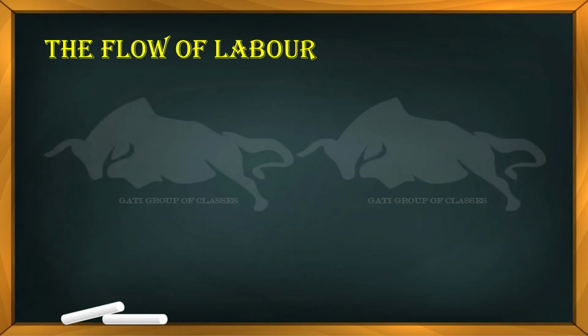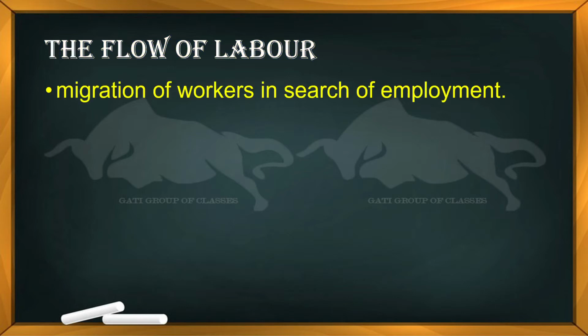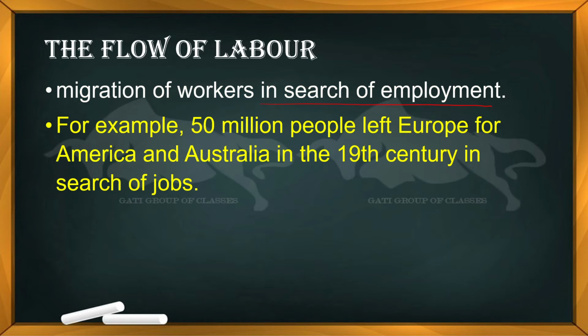The next is the flow of labor. Why do people move from one place to another? Only in one condition, that is in search of employment. For example, 50 million people left Europe, just in search of work. They left for America and Australia because there was not that much population there at that time.